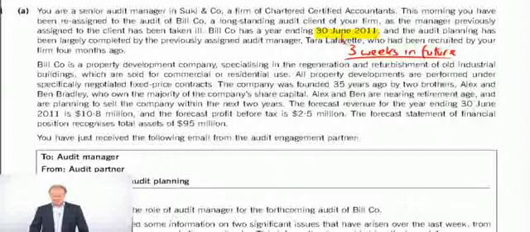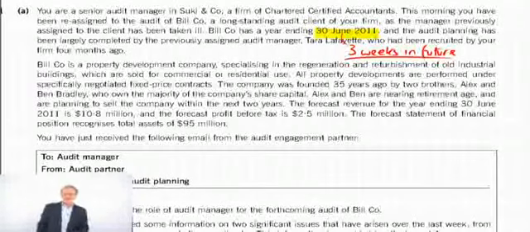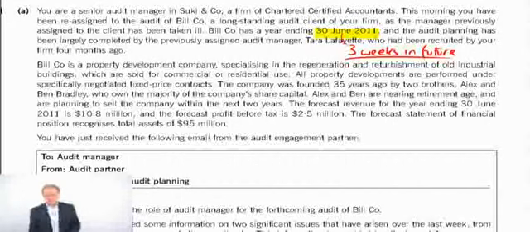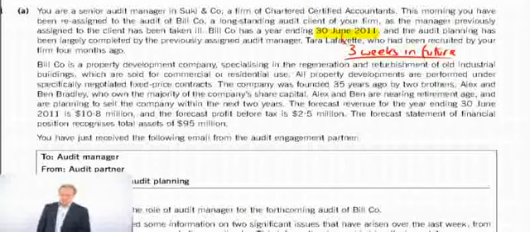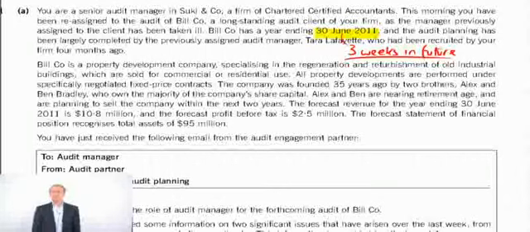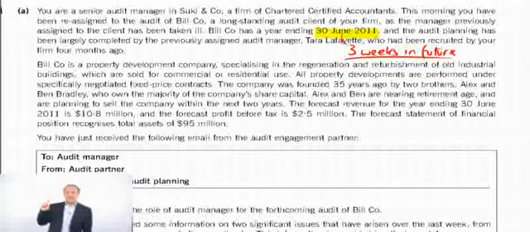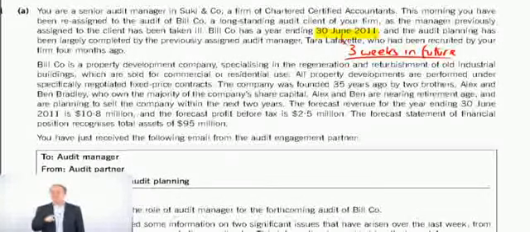Bill is a property development company specialising in the regeneration and refurbishment of old industrial buildings, which are sold for commercial or residential use. All property developments performed under specifically negotiated fixed price contracts. Well, I'm already thinking fixed price contracts is going to be IAS 11.